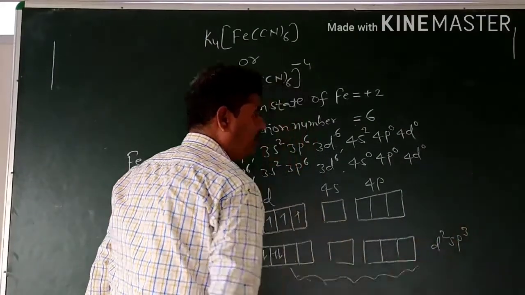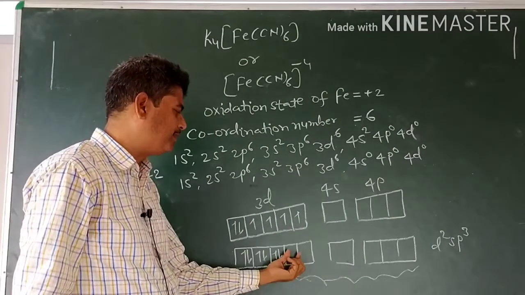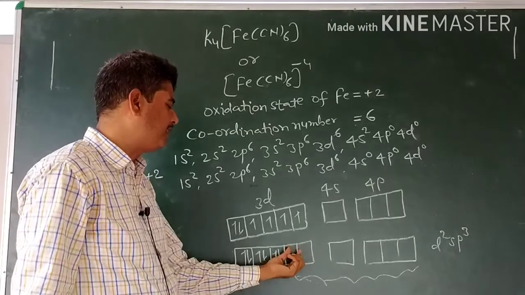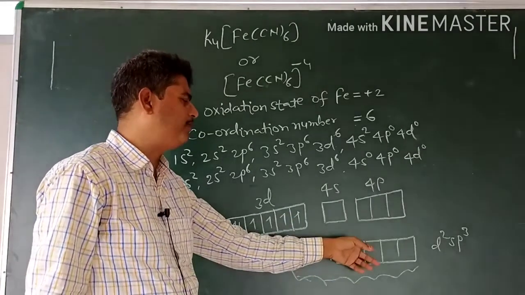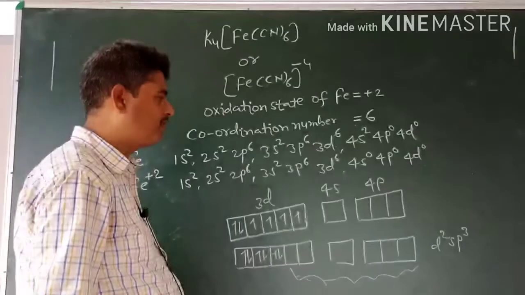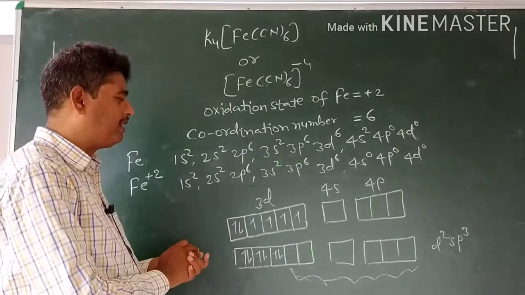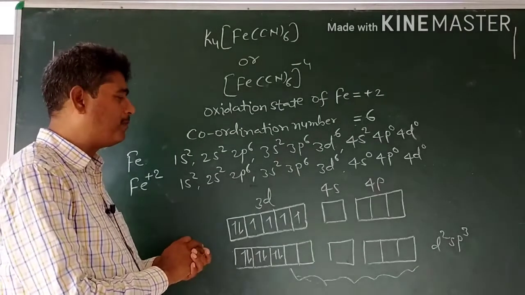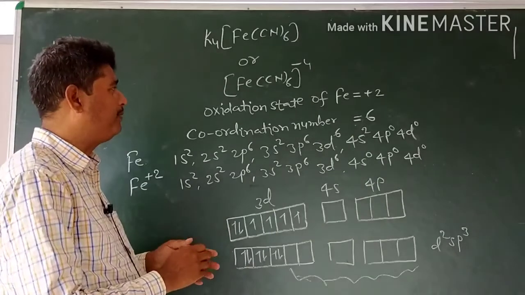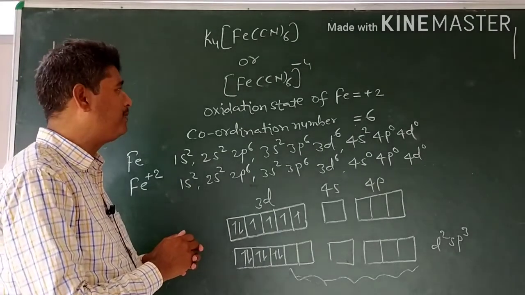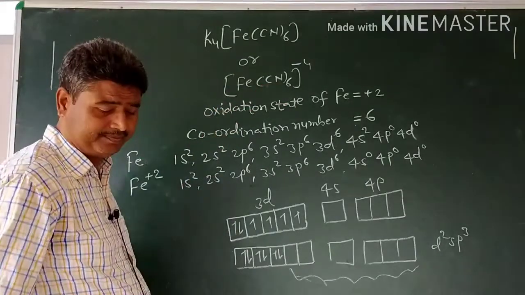It means we will take 2 inner d orbitals, that is, 2 vacant orbitals from 3d, 1 s orbital, and all the p orbitals. After availability of the required number of vacant d orbitals, bonds will be set up between donor and acceptor, that is, between the central atom and ligand.